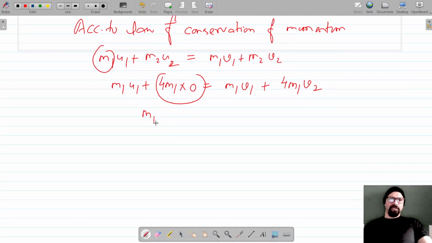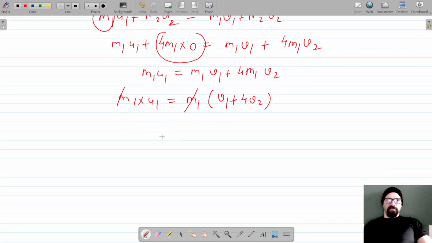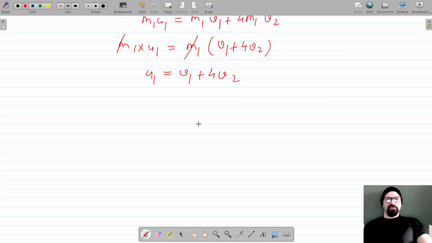So finally we have m1 u1 is equal to m1 v1 plus 4 times m1 v2. If we take m1 common, m1 gets cancelled, so u1 is equal to v1 plus 4 times v2. Let's keep it as equation 1.